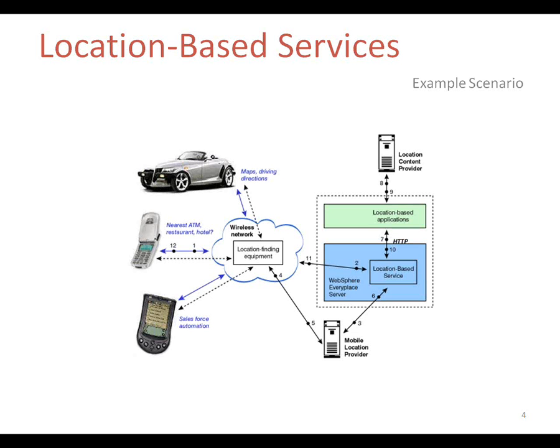In the second example, we can see what we are doing for finding the nearest ATM, restaurant, hotel, etc. from a mobile phone.